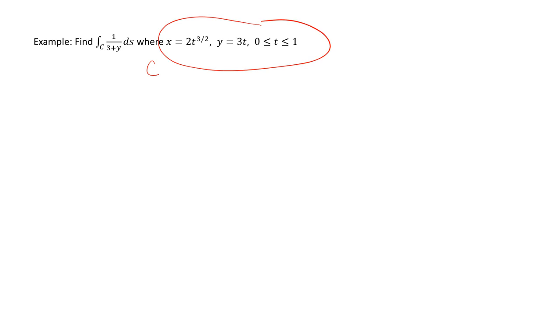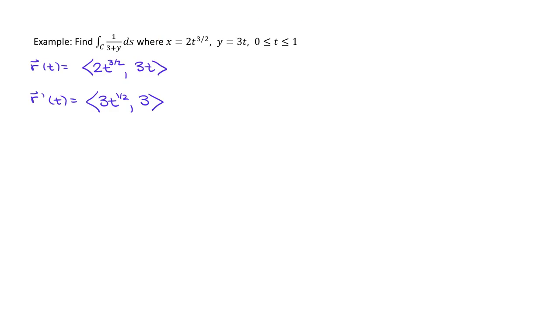So basically what the previous slide says is that to compute this integral, I'm going to rewrite my function, 1 over 3 plus y, in terms of t. And then I'm going to change my ds into the magnitude of r prime dt. So let's find the magnitude of r prime.